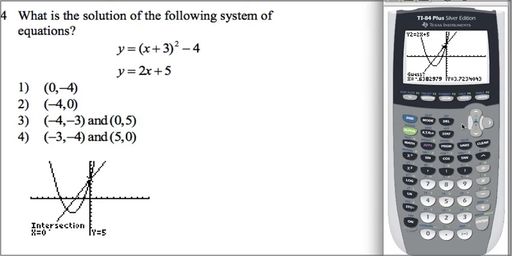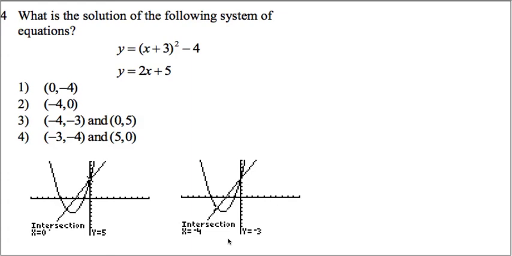Right before you guess, just come near the intersection. Alright. Then we get to realize another intersection must be (-4, -3). So then this tells us that our answer should be choice 3.